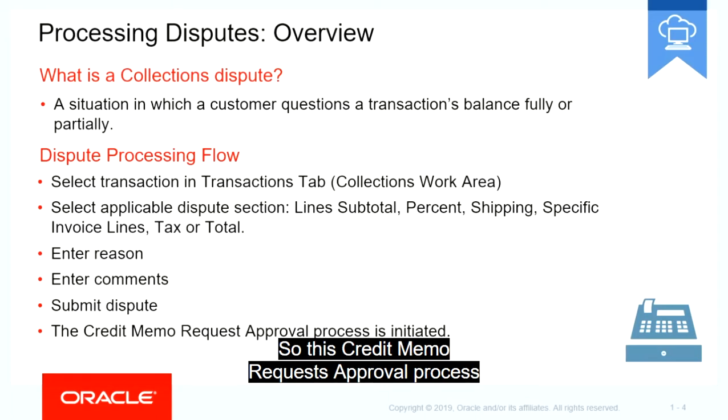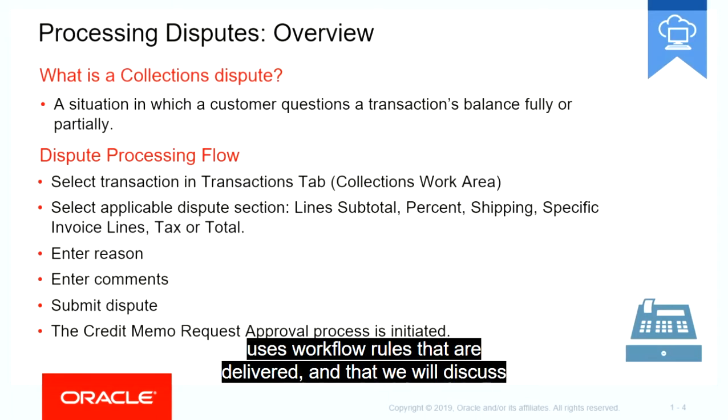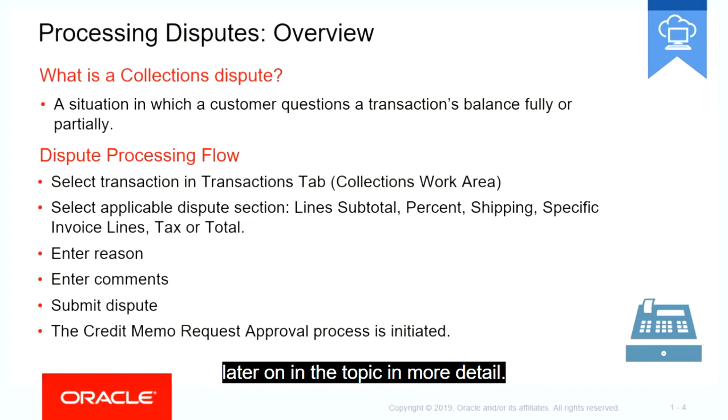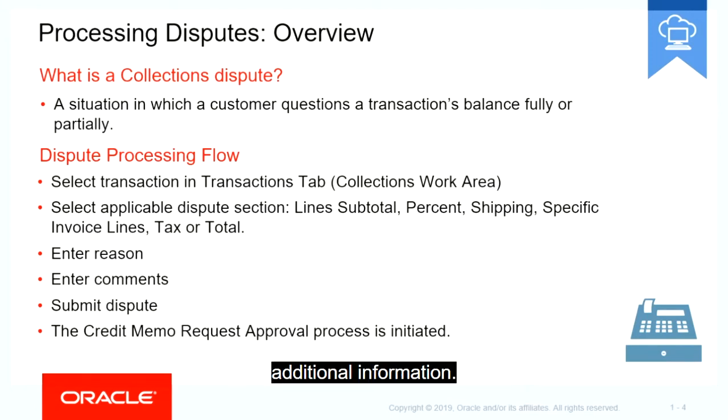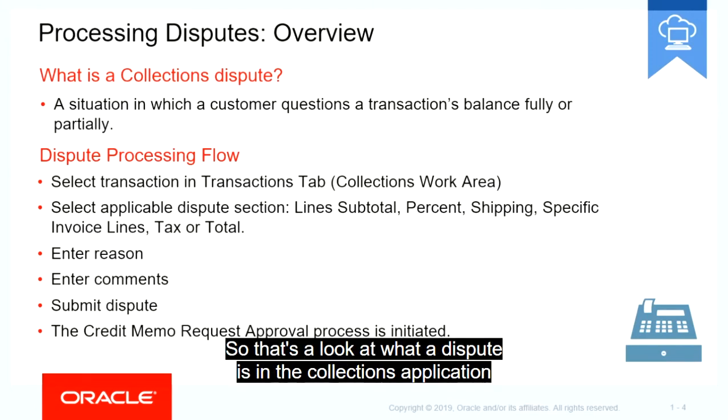This credit memo request approval process uses workflow rules that are delivered and that we will discuss later in the topic in more detail. And of course, those who receive the workflow notification will have the ability to either approve, reject, or request additional information.